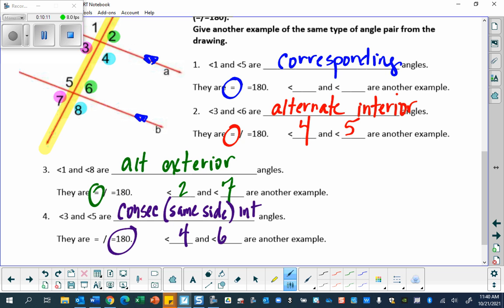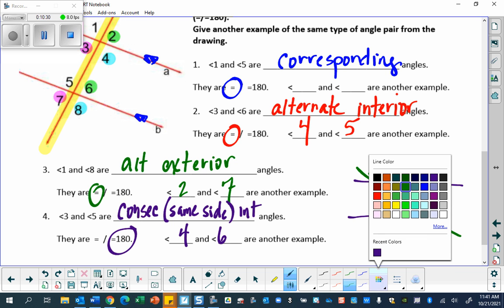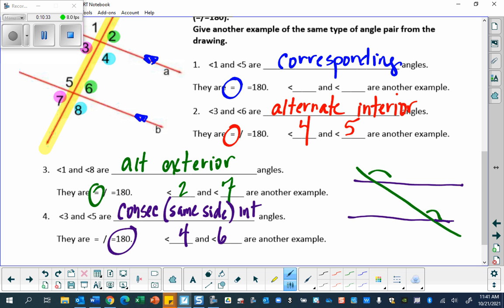If I'm ever confused and I can't remember which of those interior angles are supplementary and which ones are congruent, sometimes what I like to do is I like to draw myself a very exaggerated version of my parallel line system. If I draw a super slanted transversal, then I can see that all of my fat angles are going to be congruent. So when I look at all my angles that are vertical angles that are created, every single angle inside that is either a fat or a skinny.